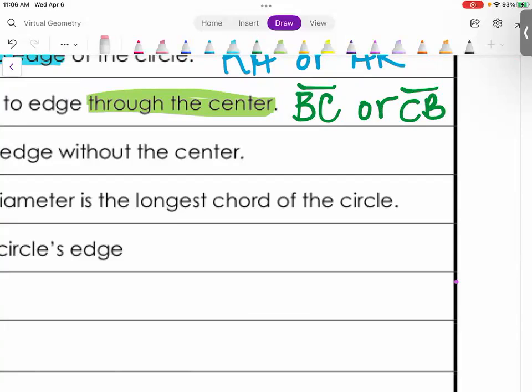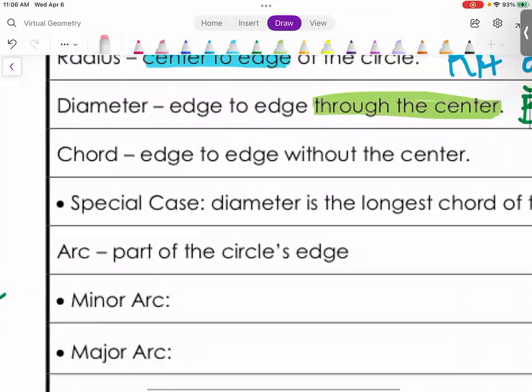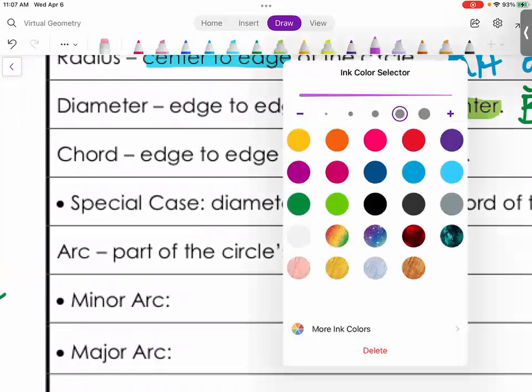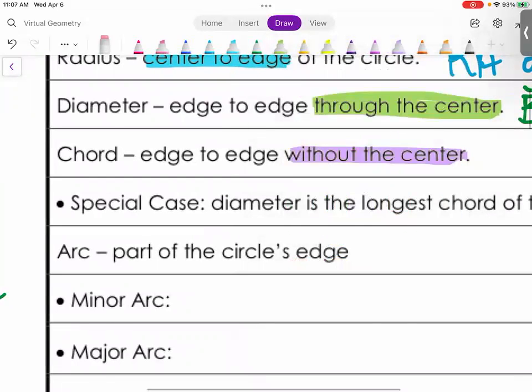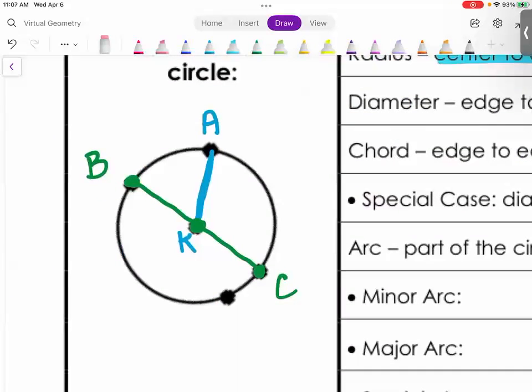Now, the other special kind of segment that we see inside of our circles is what we call the chord. Again, this one does go edge to edge, but it does not have to pass through the center. It might, but it's not its requirement. So let's say we have a segment that extends from B to A. That would be considered a chord.